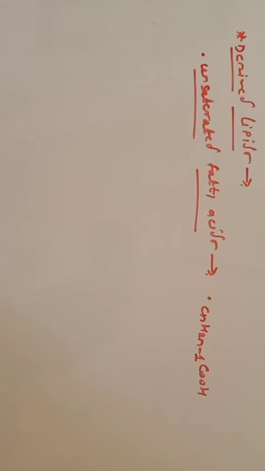If you see the examples of unsaturated fatty acids, the types are monounsaturated and polyunsaturated.